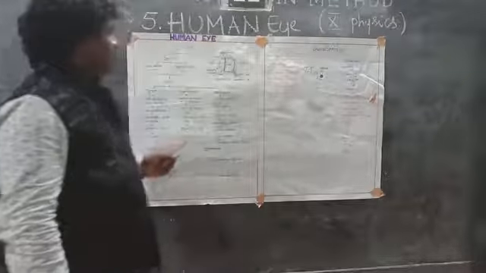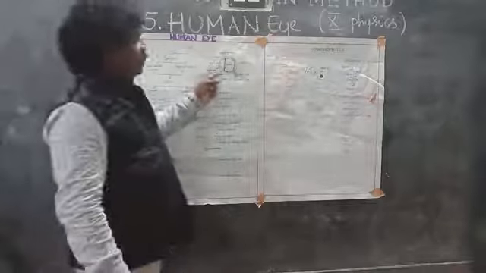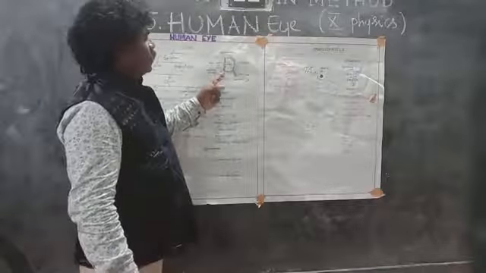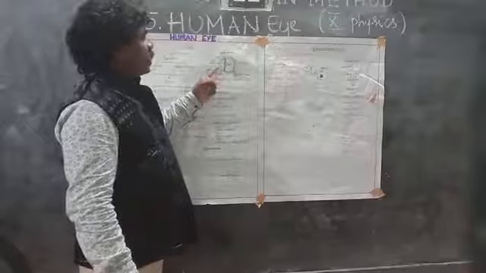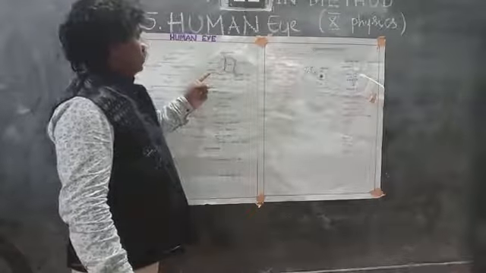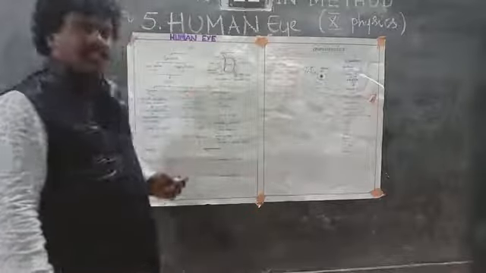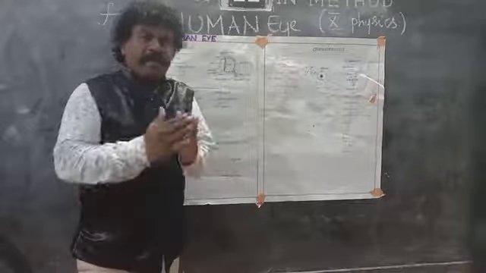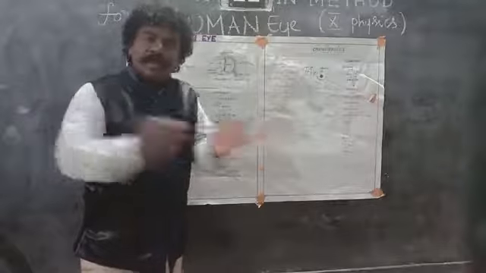Next, this is the aqueous humor. Image formation will happen here. It is located between the cornea and lens. Here, the aqueous humor handles image formation, image maximization or image minimization.